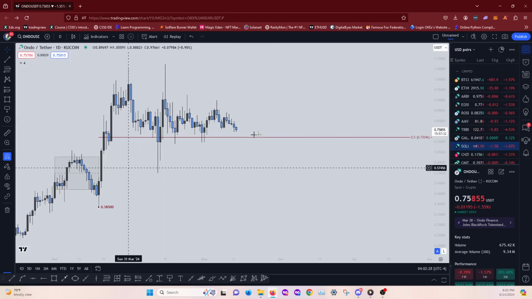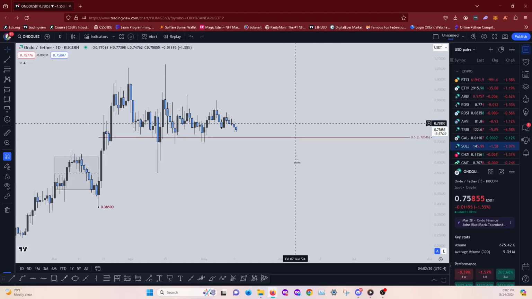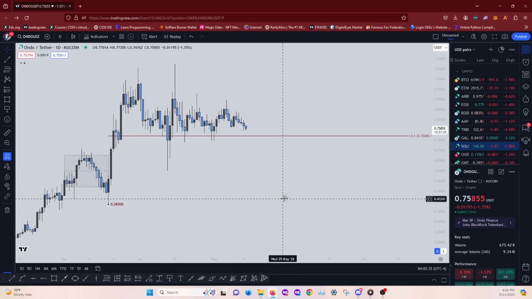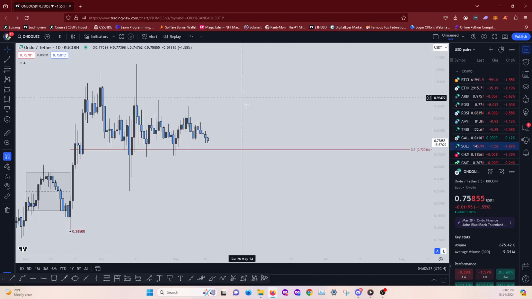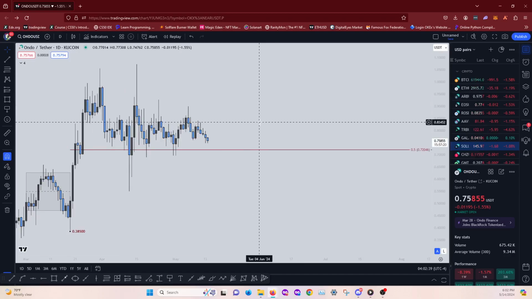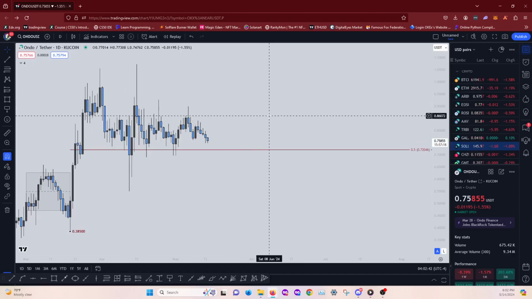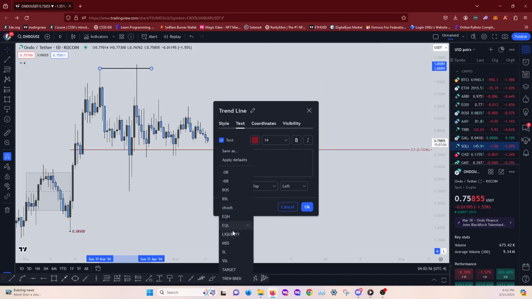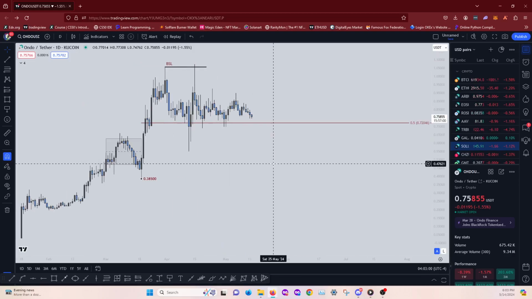So we have range equilibrium established from this low to this high, so this energetic move, and we're currently trading at a premium. So if we're trading at a premium of an external range, what do you think institutions consider being sellers? So you've got a buy side sweep here, confirm move to the downside, right?